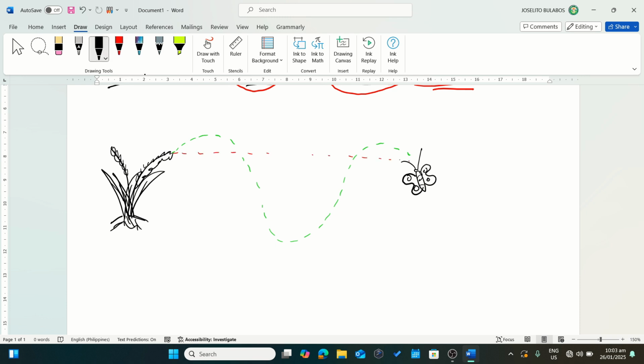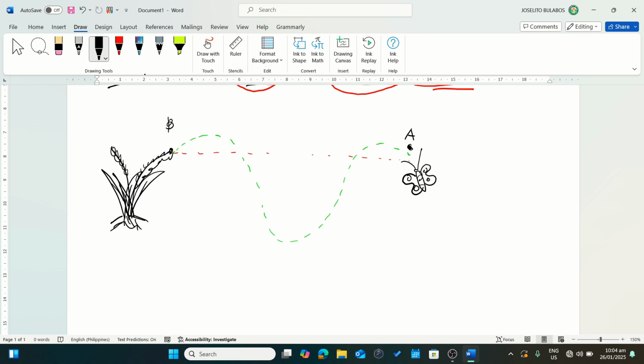Okay, so we have here an illustration. Now we have here a butterfly. This butterfly wants to move from, let's say this is our initial point, point A, to point B in this plant.